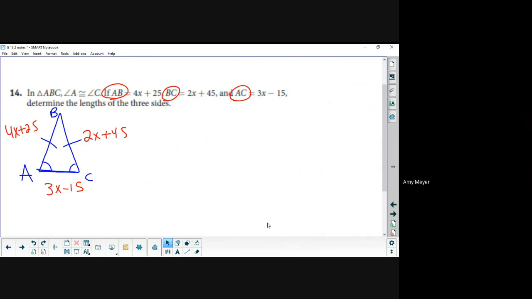Now we have to do some thinking. What's the question? Determine the lengths of the 3 sides. If you're stuck, just look at your sides. How are they marked? What do you know? Try something.